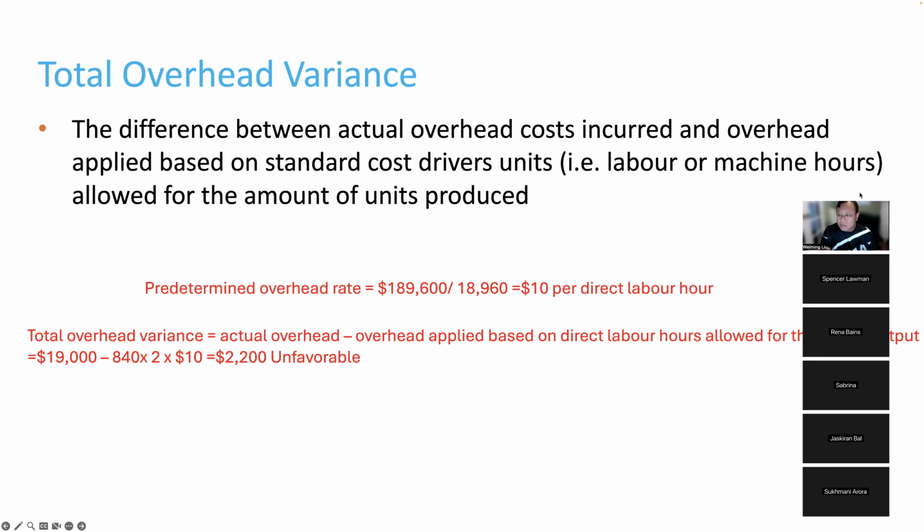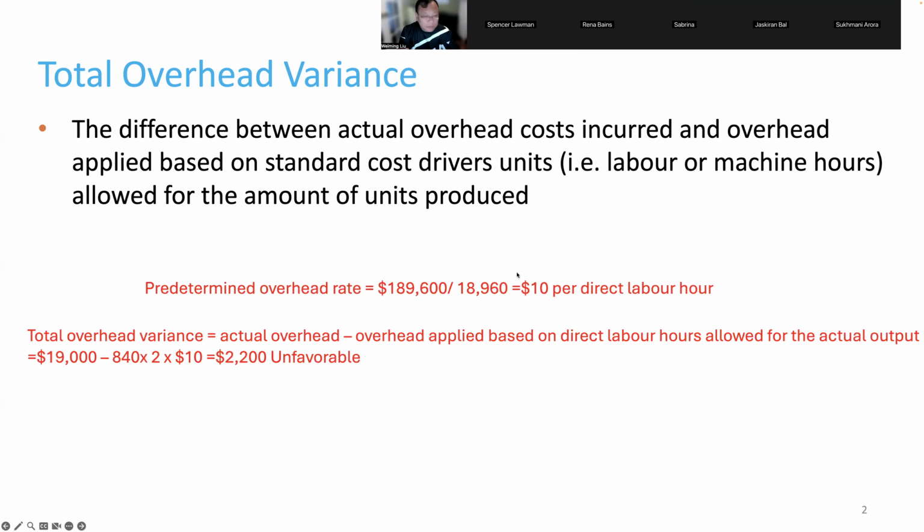So now, what is the overhead variance? You use actual overhead minus overhead applied based on the direct labor hours allowed for the actual output. The actual overhead cost is 19,000, which is given.